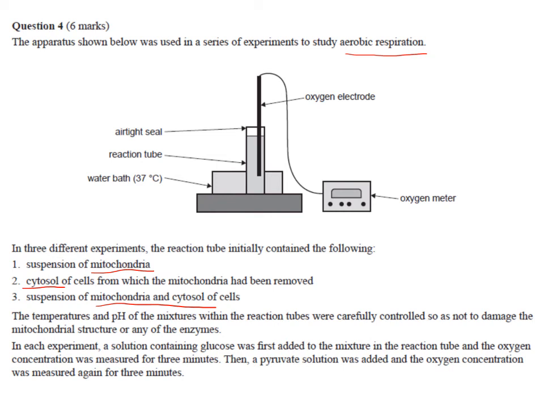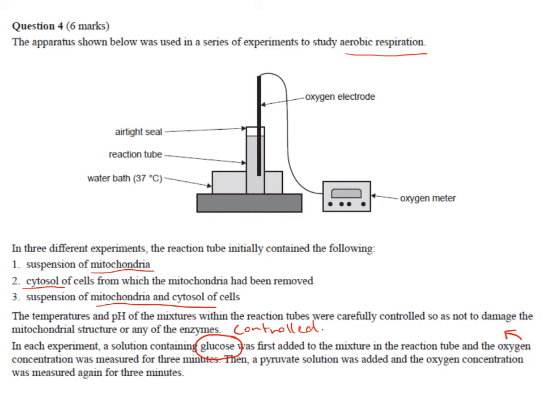Here we've got our controlled variables, and then the important information here is what was added to each of these 3 tubes. So in the first one, glucose was added to the mixture, and then the oxygen concentration was measured. Now, let's just think about this for a second. If respiration is occurring, what should we see happen to oxygen levels?